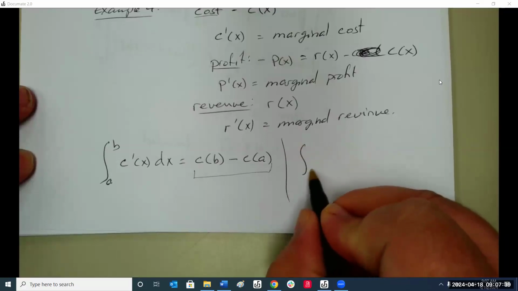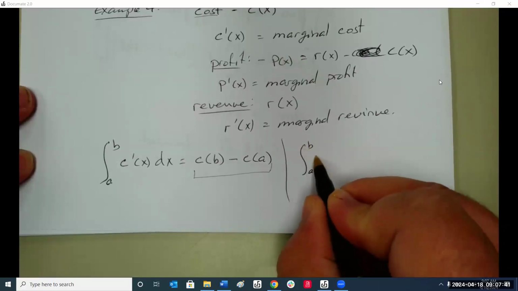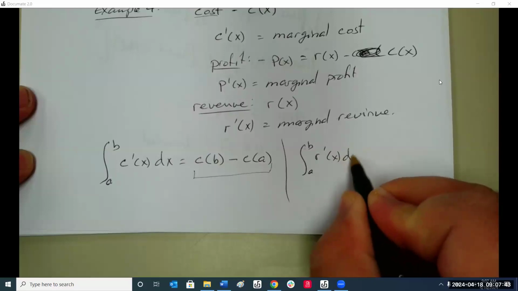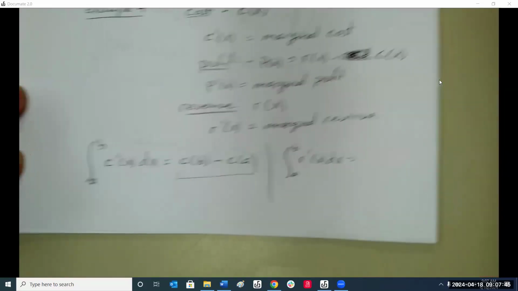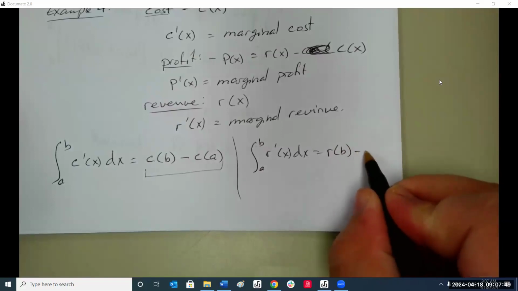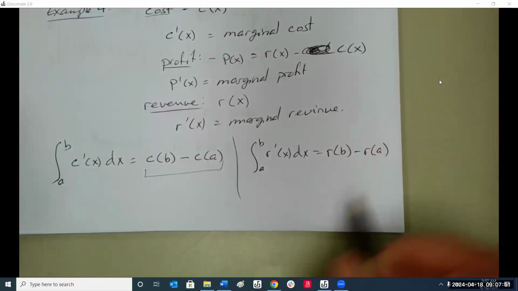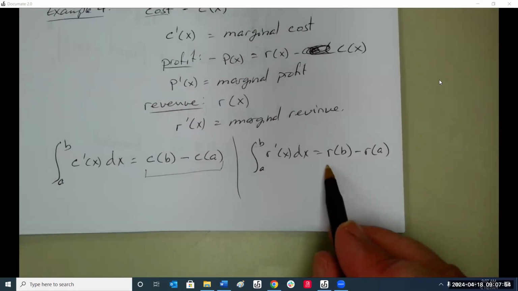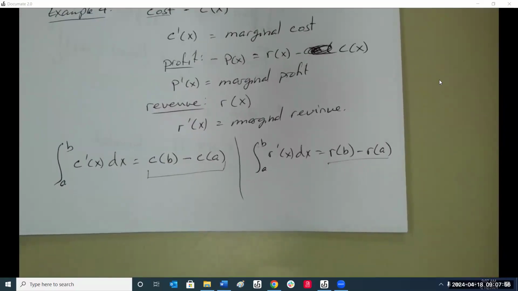Same thing with the revenue and the profit. So the integral of the marginal revenue is simply the revenue of the most amount minus the revenue of the least amount. We call that the marginal revenue, the difference of the two.